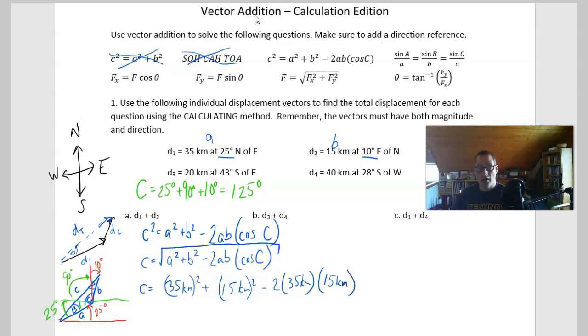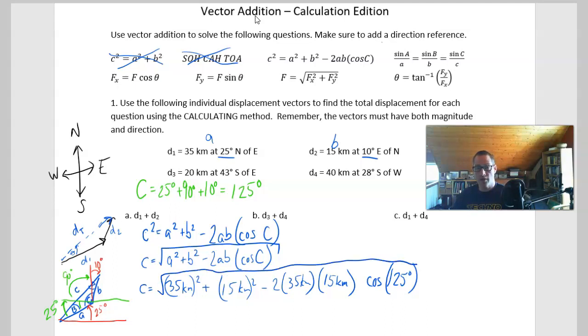Okay, and then times the cosine of 90, sorry, not 90 degrees, otherwise we won't be doing this, cosine of 125 degrees. Okay, so it's all multiplied together before it's subtracted. And it's the square root. Don't forget the square root. If you don't take the square root at the end of it all, you'll get it wrong.